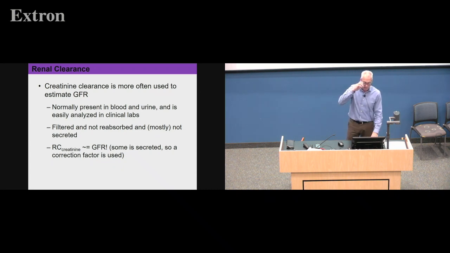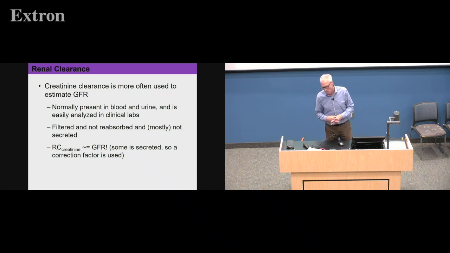Even more commonly used is the clearance of creatinine to determine GFR, because with creatinine, you don't even need to inject anything. Creatinine is a metabolite of creatine from muscles. And so there's always creatinine being gotten rid of in the blood, creatinine therefore in the urine, and we can use that to calculate GFR because creatinine is not reabsorbed.